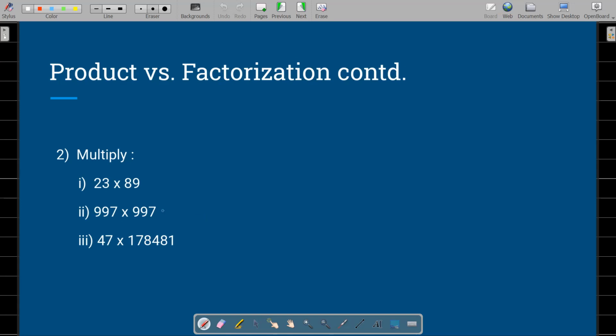Or particularly for such problems, you can use some Vedic math techniques. For example, if your number is near a base like 10, 100, 1000 and so on, like this one, 1000 minus 3, you have some nice Vedic math techniques. Multiply, this is 009, the product of these two, and then this minus this, or this minus this.